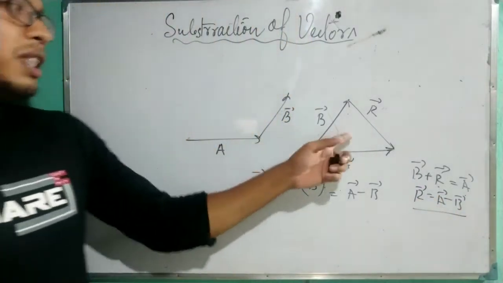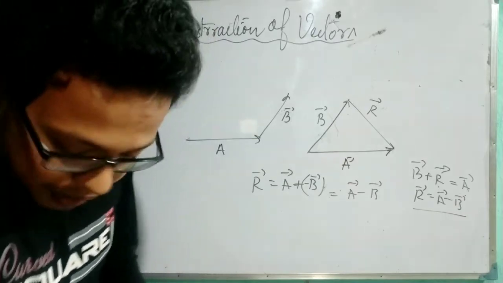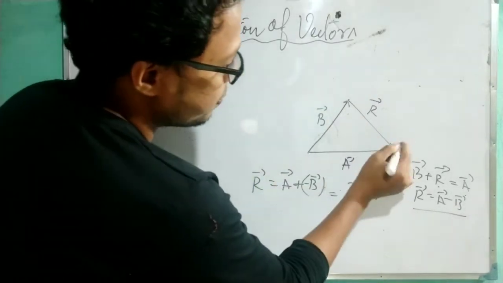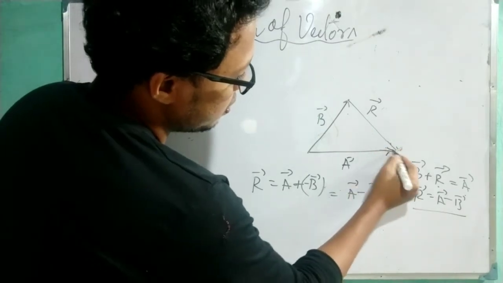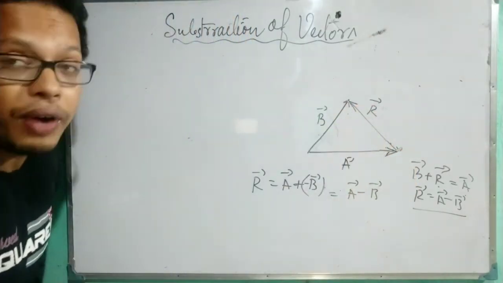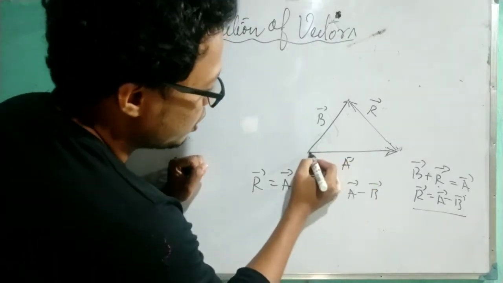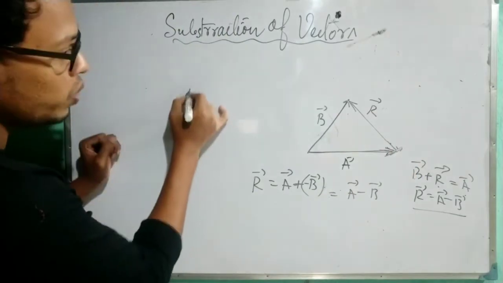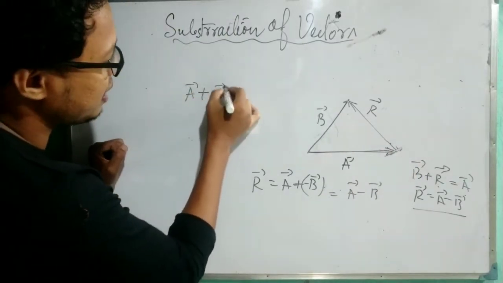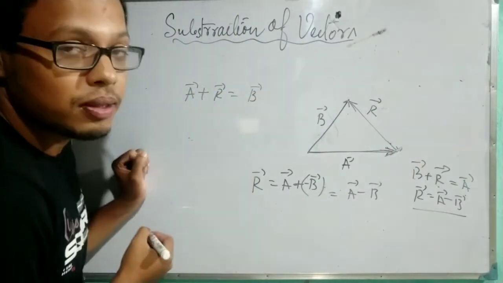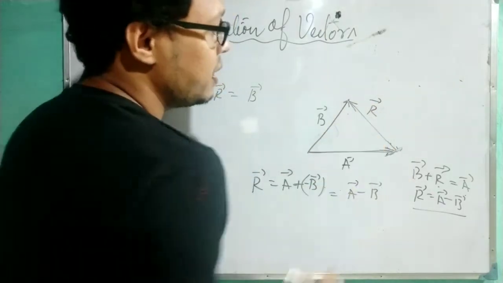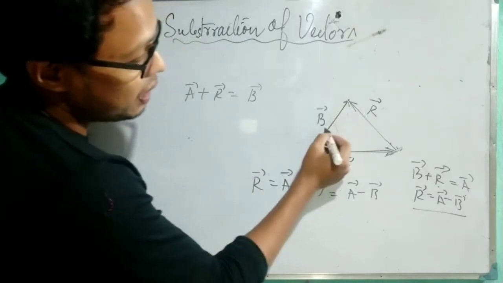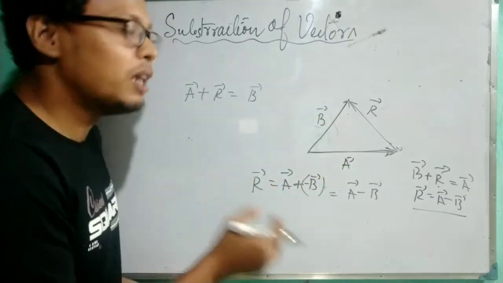So this is how we can represent the vector also. In another method also, look, here if we choose the vector in this direction, then what will be the value of R? Here the two vectors are represented in the same order, means this vector and this vector. So we can write A vector plus R vector equals the B vector. These two vectors are represented in the same order, and the vector which represents in the opposite order will give the resultant.